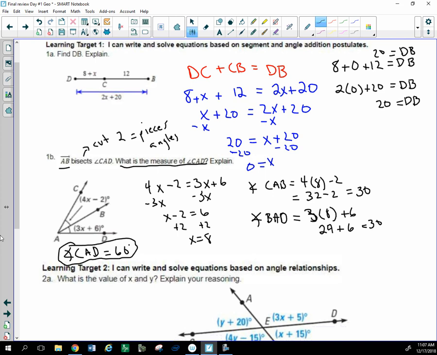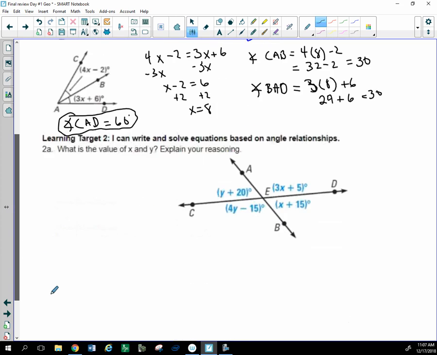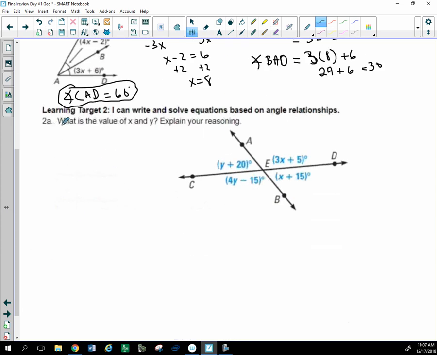All right. To finish off the page here, we have learning target 2. We can solve for angle relationships, and we want to find the values of x and y. You've got to look closely at this problem. I noticed that this y here and this y here are both y's on the same side of the line AB, and the x's are on the other side of AB.